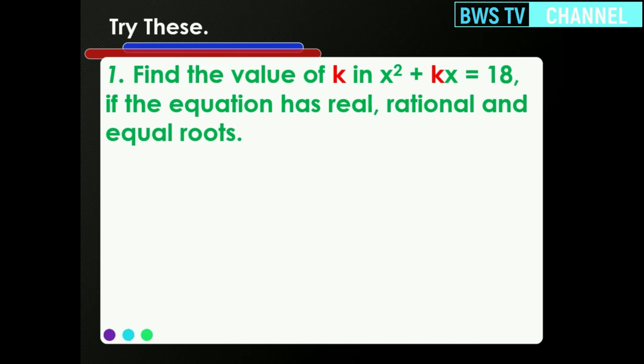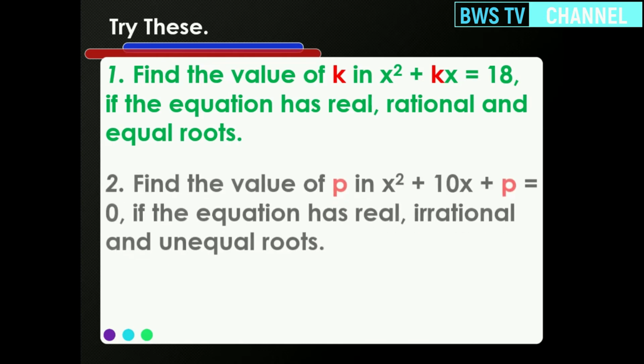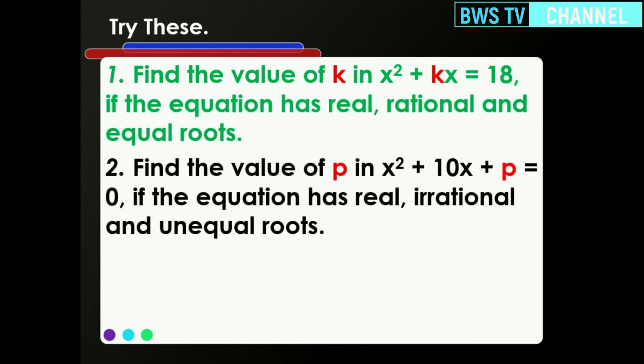So in here, we do not know the discriminant, but we are given the condition that our discriminant should fall into the category of real, rational, and equal roots. Okay, so how to do that? Later you will see. Number 2, find the value of p in x squared plus 10x plus p is equal to 0 if the equation has real, irrational, and unequal roots.